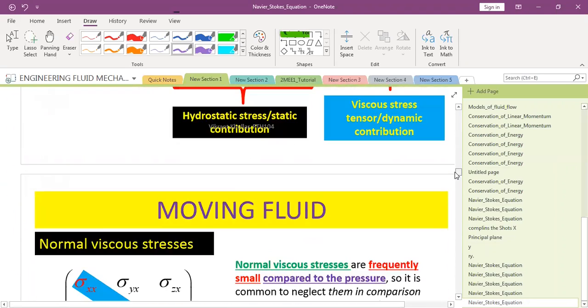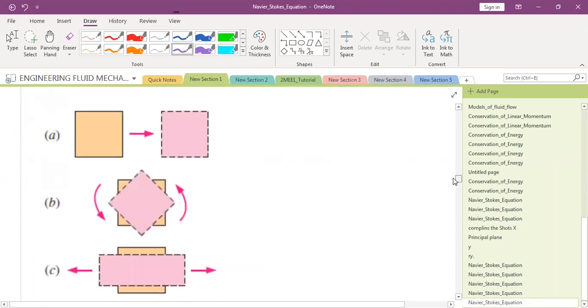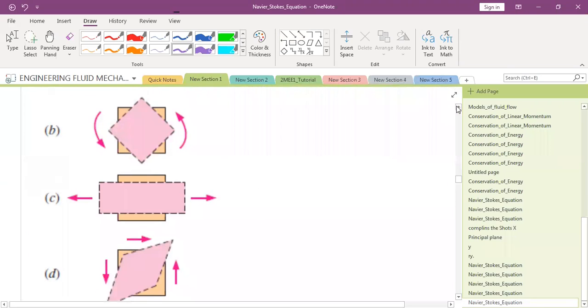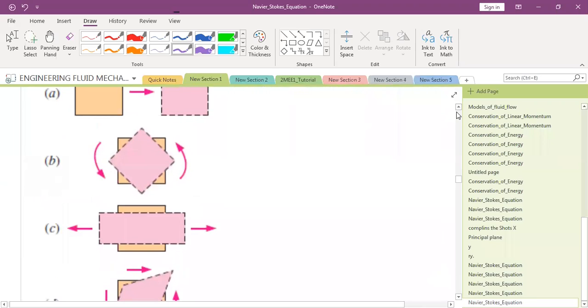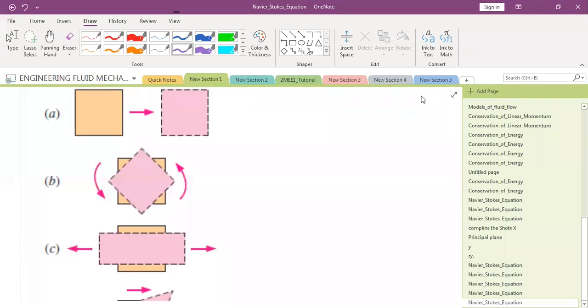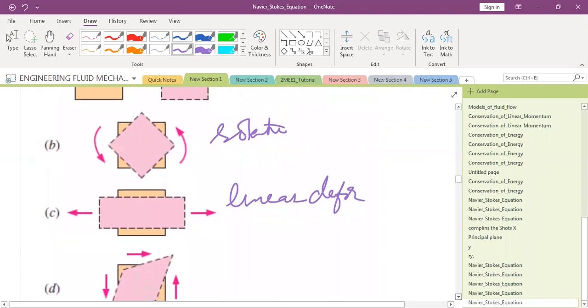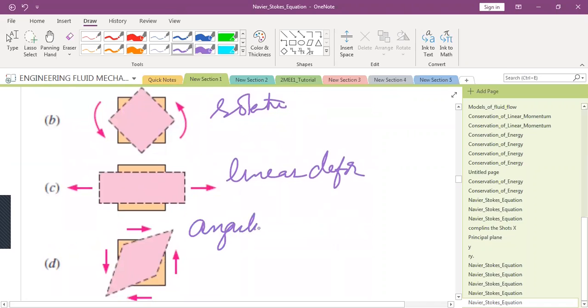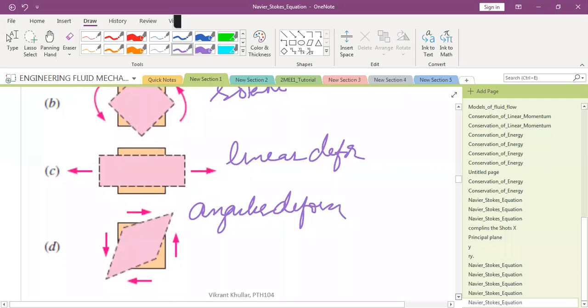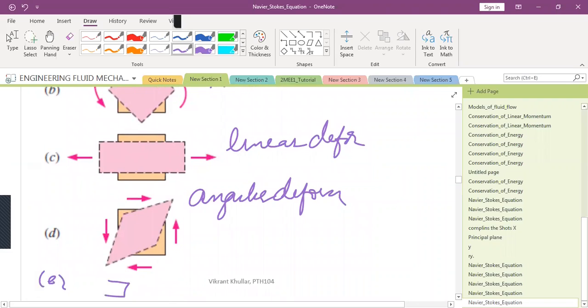And we understood that whenever a fluid element in a fluid flow is there, it can have translation, it could have rotation, it could have undergone linear deformation, and angular deformation. And one thing more, I should put here E also, it may have gone volume change.